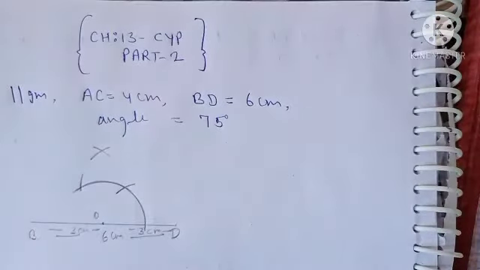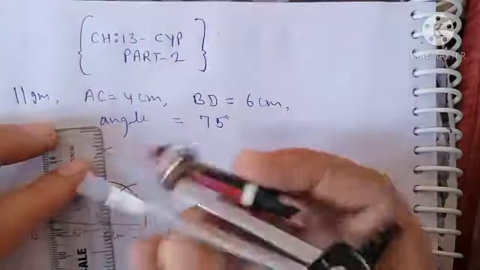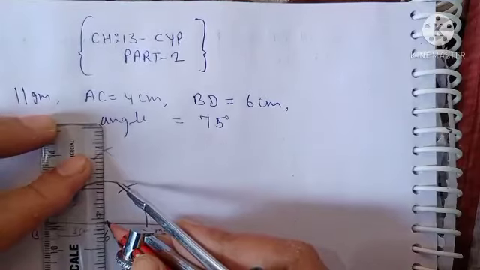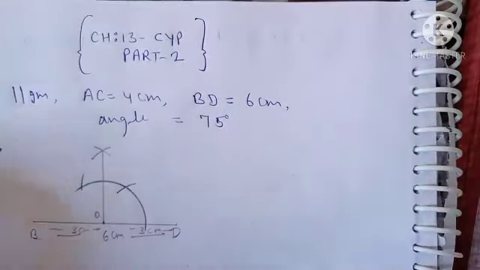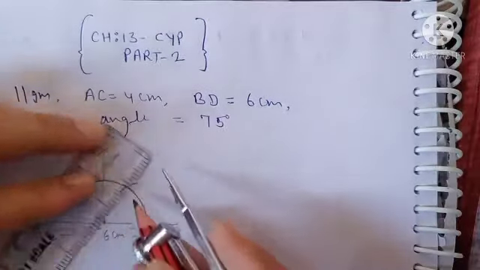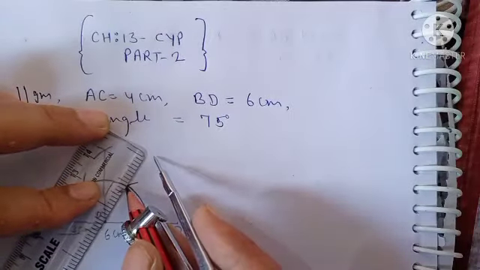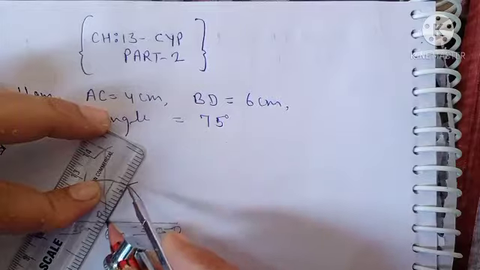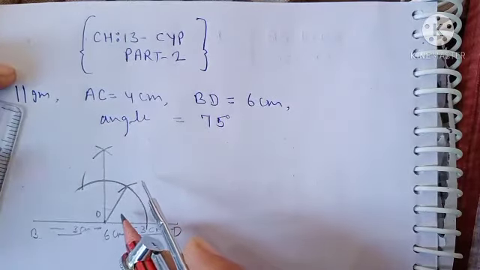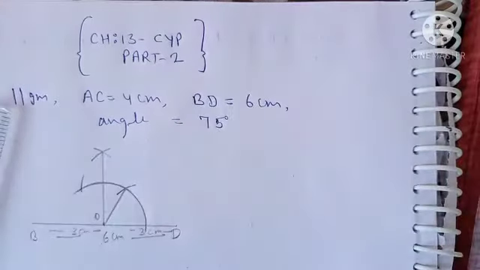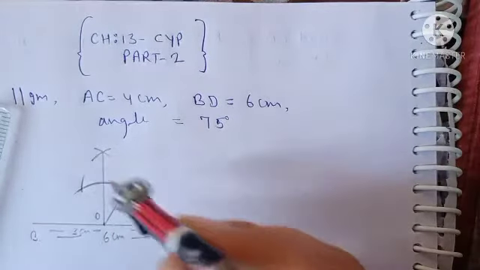Okay, now we will join this point to the point of intersection. So here you can see this is 60 degree angle and this is 90 degree angle. This is 60 degree, this is 60 and this is 90. So the 75 degree angle will be between the 60 and 90 degree angle.